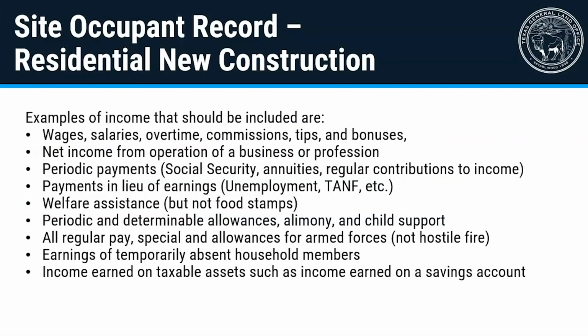Examples of income that should be included are wages, salaries, overtime, commissions, tips and bonuses, net income from operation of a business or profession, periodic payments such as Social Security, annuities, regular contributions to income, payments in lieu of earnings such as unemployment, TANF, etc., welfare assistance, but not food stamps, periodic and determinable allowances, alimony and child support, all regular pay, special pay and allowances for armed forces, but not hostile fire, earnings of temporarily absent household members, and income earned on taxable assets such as income earned on a savings account.